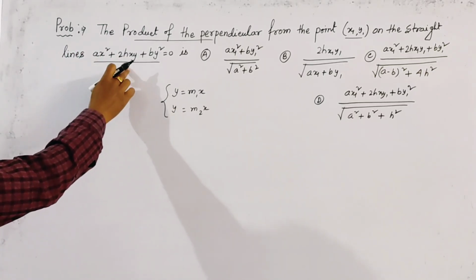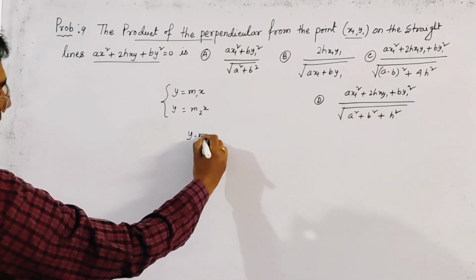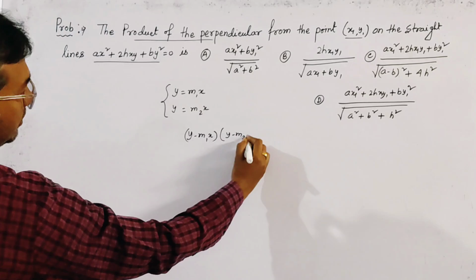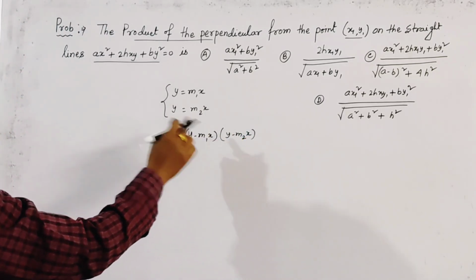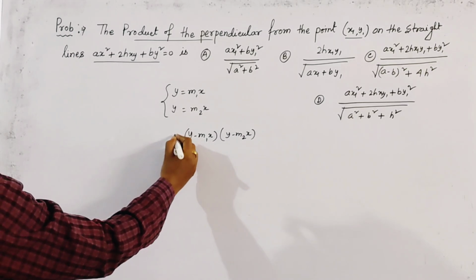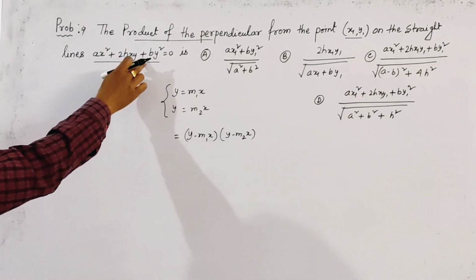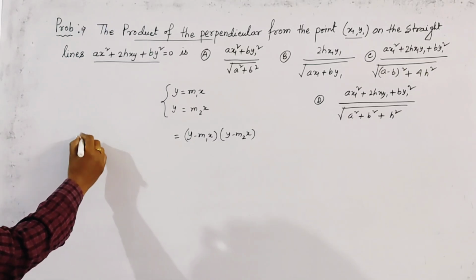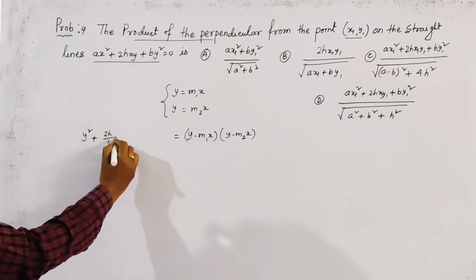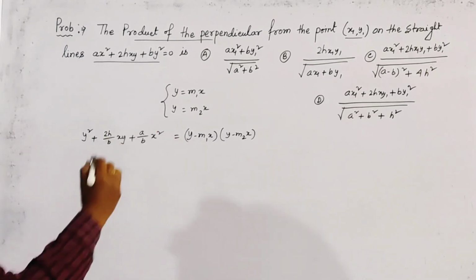Before comparing, we take b common, because if we multiply (y − m1x)(y − m2x), the coefficient of y² is 1. So we take b common from the given relation and get y² + (2h/b)xy + (a/b)x².